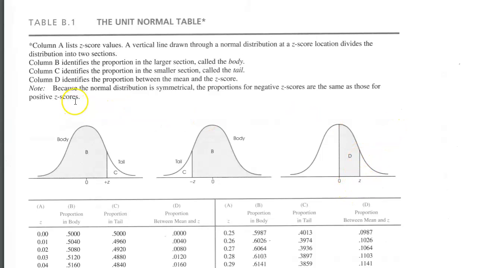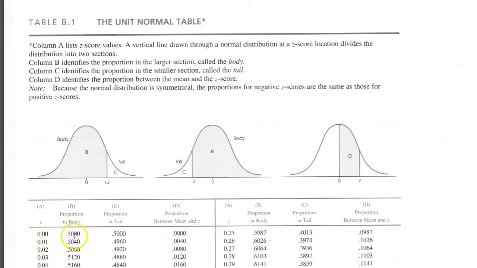You'll notice that since this distribution is symmetrical, if you were to scroll through all of these pages that have z-scores from 0 all the way to 4, you'll see that they're all positive, and that is because it is symmetrical. So you could have also had this area D in this area right here. Let's take a simple one. A z-score of 0 we know is the mean.